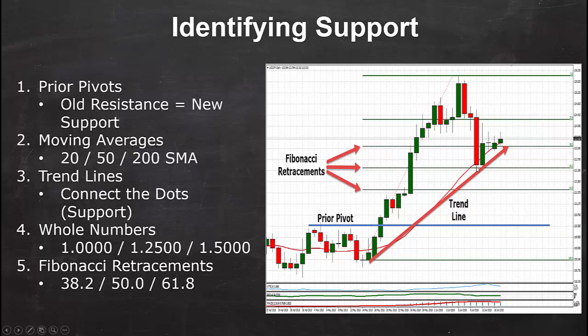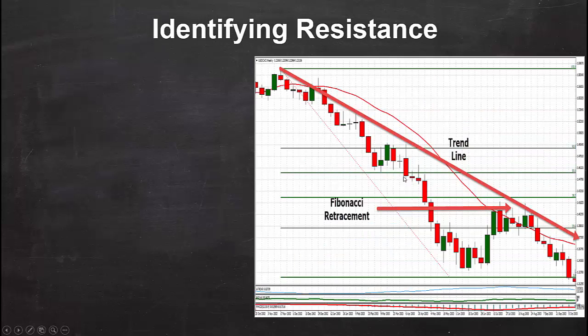If this support level is broken eventually, more than likely it's going to come back down to the 61%, or probably even all the way down here to the prior pivot. So this support level, since it's already starting to go back up, is a very important support level, which means if you're a buyer at this level, you'd want to place a stop loss right underneath that level. That's how important identifying support is.